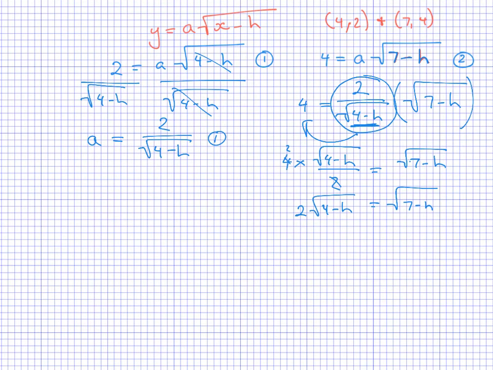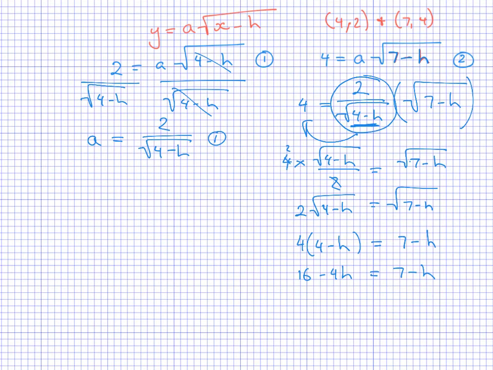Now I can simply square both sides. So squaring this side is going to become 4 bracket 4 minus h equals 7 minus h. And you notice now there's no squares. We've got nice h values, and it should be quite straightforward to solve from this point on.